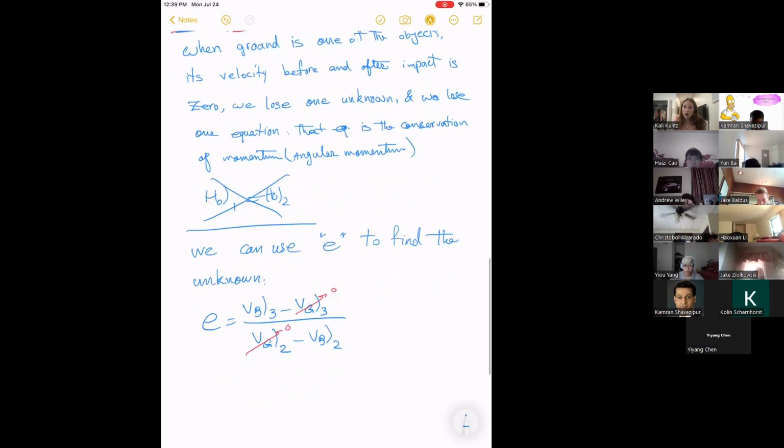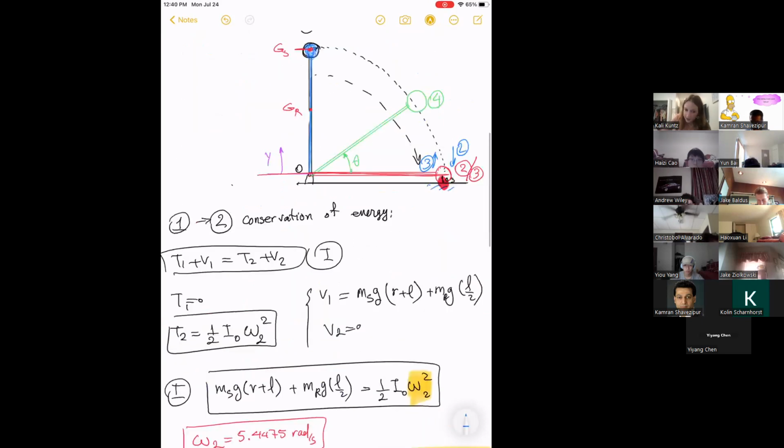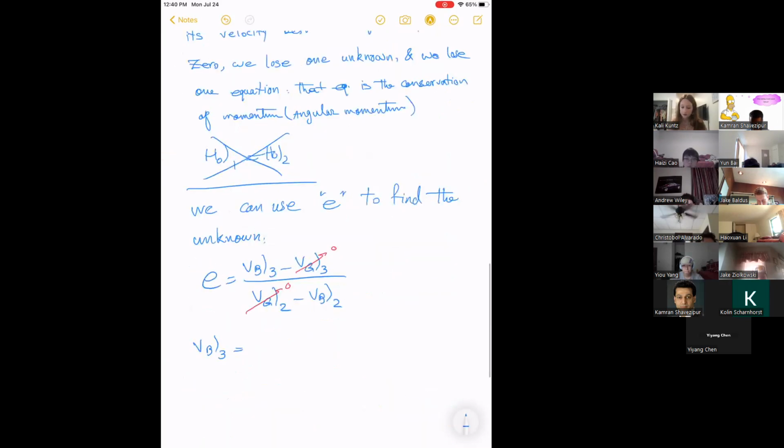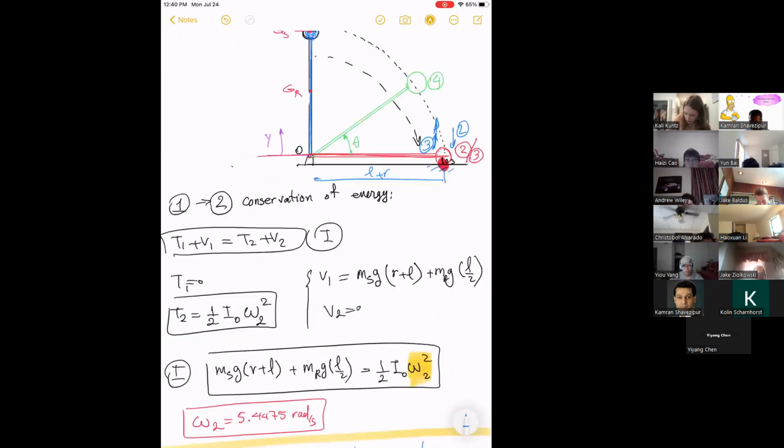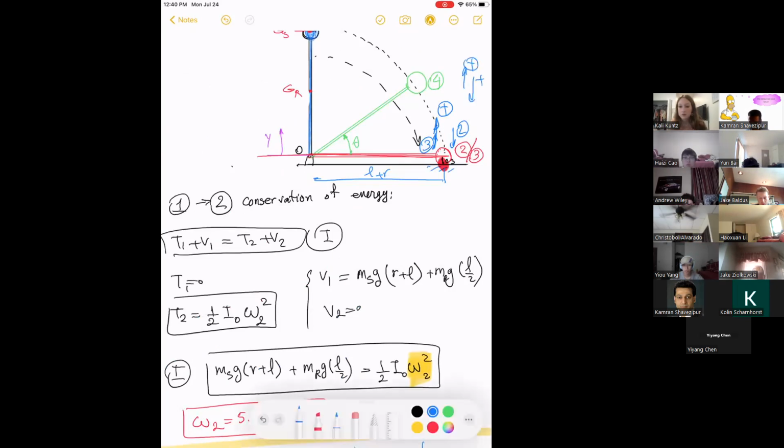And V_B3 is going to be the radius. Look at here again. The radius of rotation is L plus R, right? So you're going to get (L plus R) omega 3. And the velocity of bouncing up is positive. It doesn't matter if down is positive or up is positive, but you have to stick with that convention one way or another, right?